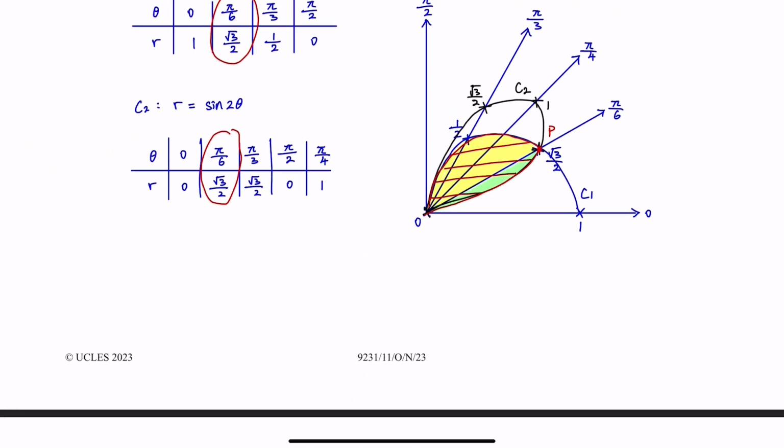So for C1, we need to integrate from pi over 6 to pi over 2. And for C2, we integrate from 0 to pi over 6. As you can see, this area is C2 from 0 to pi over 6. And after this, we have C1 from pi over 6 to pi over 2.